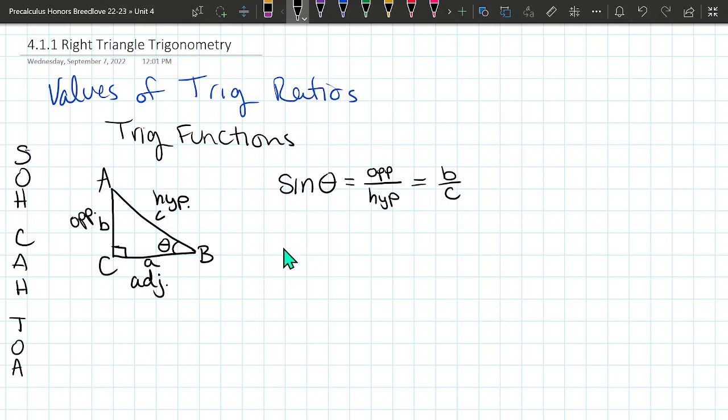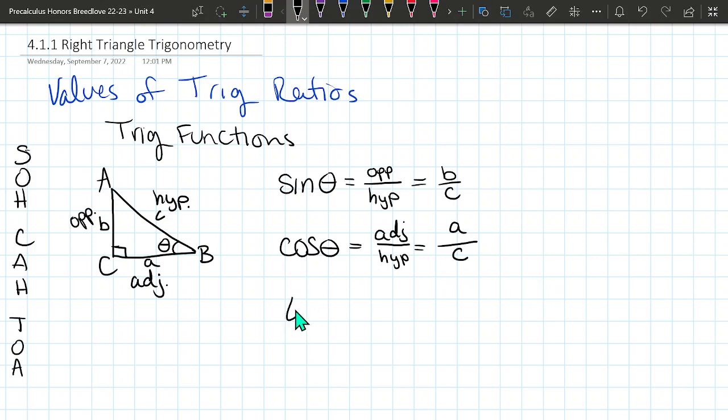And then cosine of theta. The ratio of cosine theta, we go from SOHCAHTOA, cosine, CAH, A is on top of H, so that's what our ratio will look like, A over H, adjacent over hypotenuse. So ADJ over HYP. And that ratio is the value of A over the value of C.